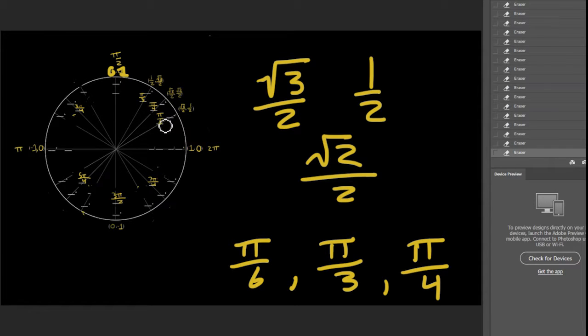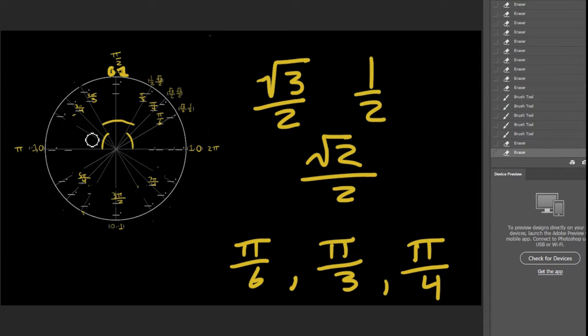And now, starting off with pi over 3. If you can see here, this one semicircle is just divided into thirds. So this is 1 pi over 3. This is 2 pi over 3.